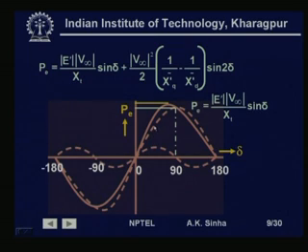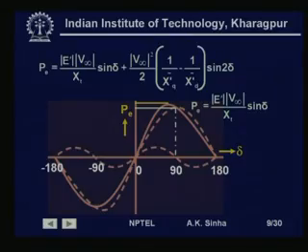Since we are increasing the mechanical input and the electrical power output is also increasing because of the increase in delta angle, these are all the time getting matched, and the machine keeps running in synchronous condition, that is, the machine speed remains synchronous. We keep on doing this till we reach this point.